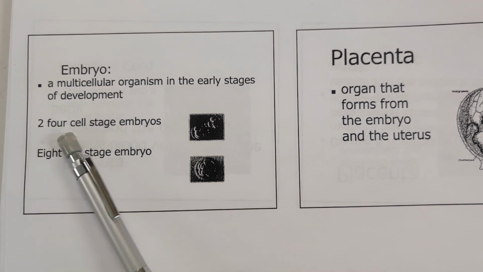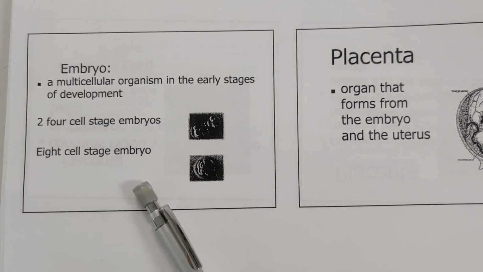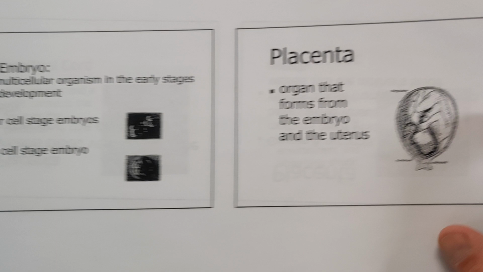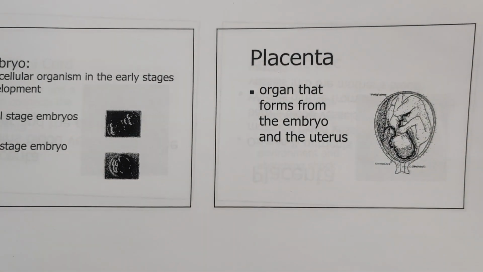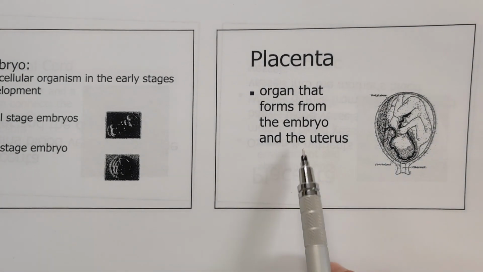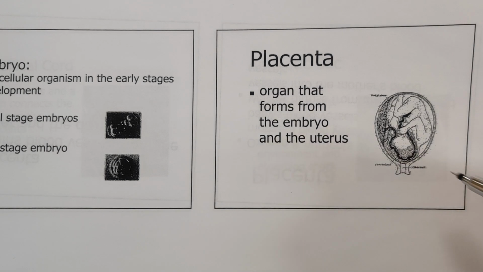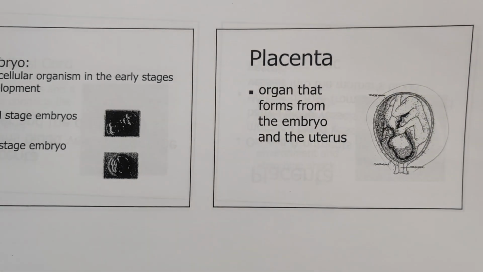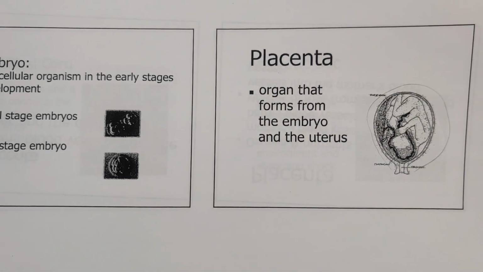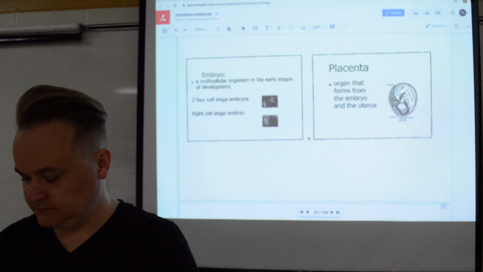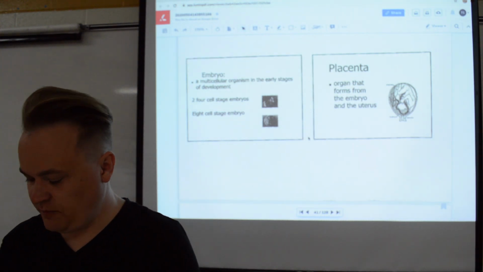There's a 2 and a 4 cell stage, an 8 stage, and then a placenta is an organ that forms from the embryo and the uterus. A placenta is kind of like a protective sac. It's the protective lining. So you want to know what that is. That's a key term.